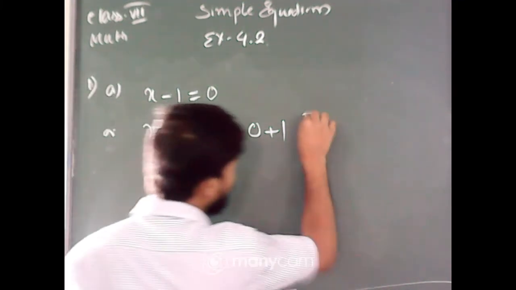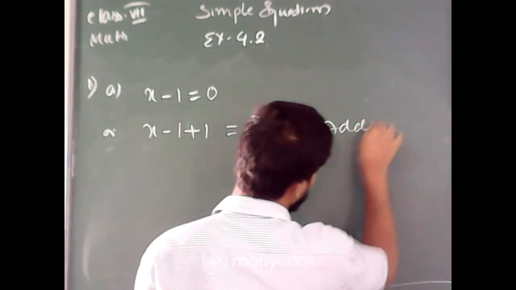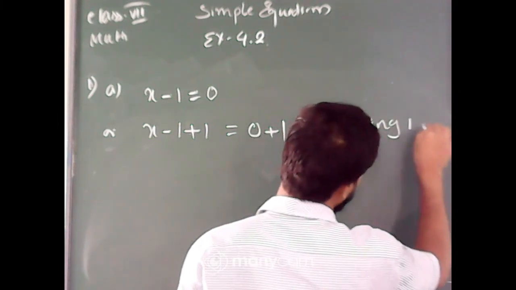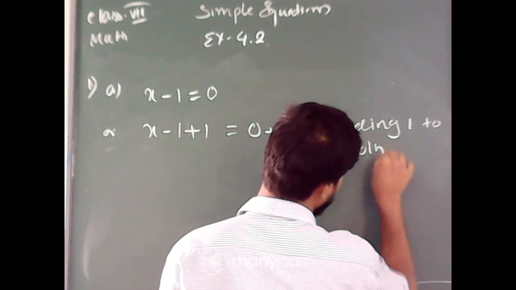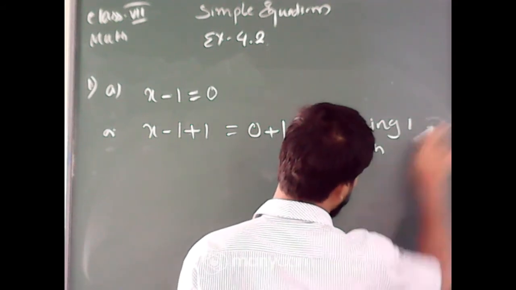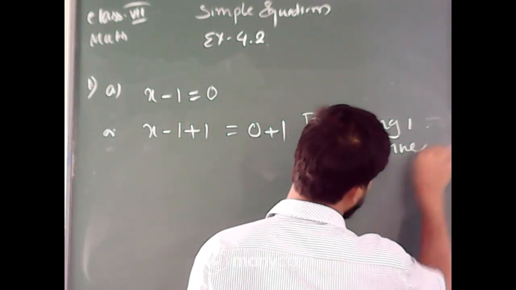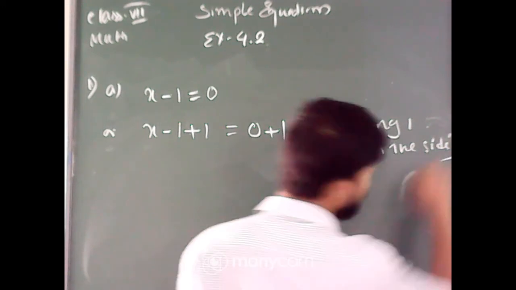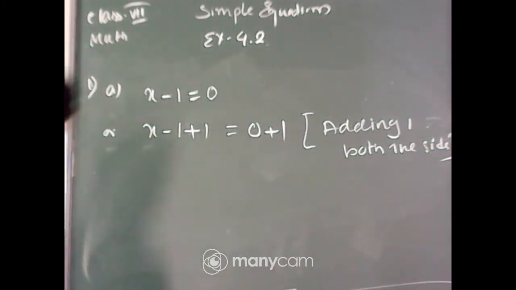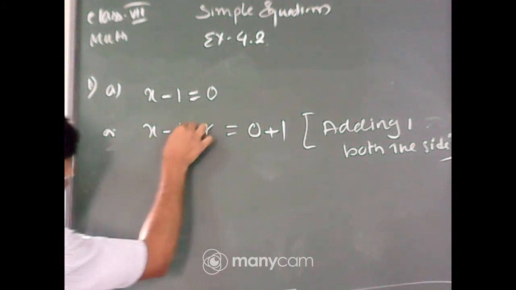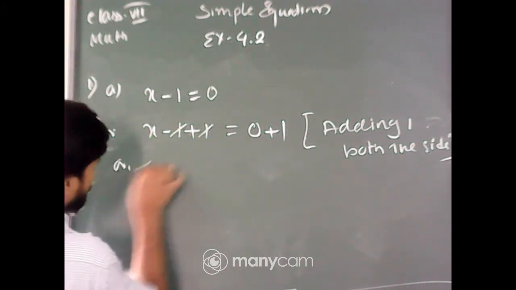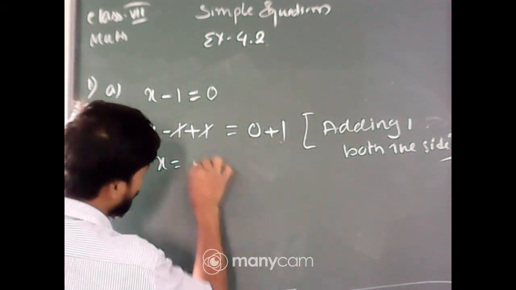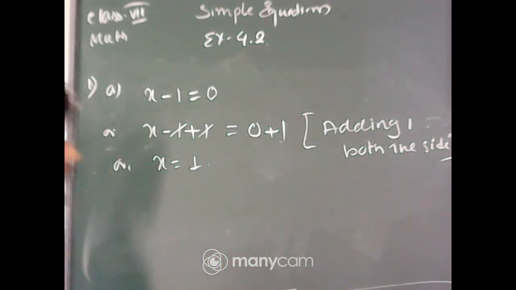So the first step is adding 1 to both the sides, such that this minus 1 and this plus 1 cancel each other. That means the value of x equals 0 plus 1, which is equal to 1.